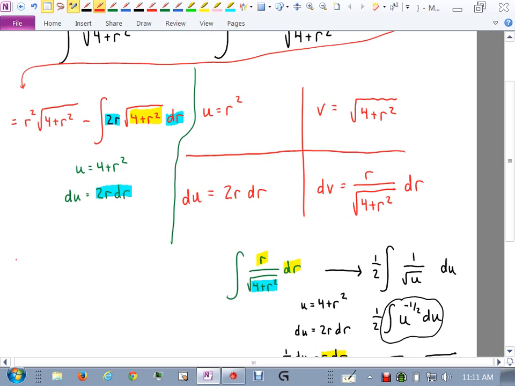So what does this integral right here become? That becomes square root of u du exactly. That's same as u to the 1/2, right? And the antiderivative of u to the 1/2 is 2/3 u to the 3/2.